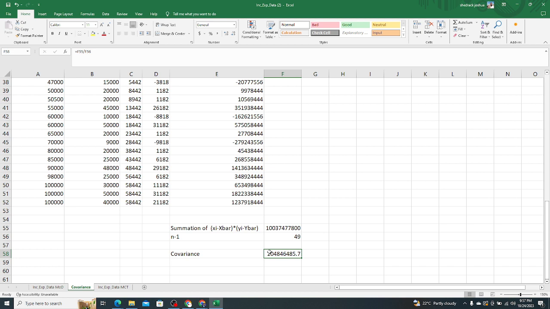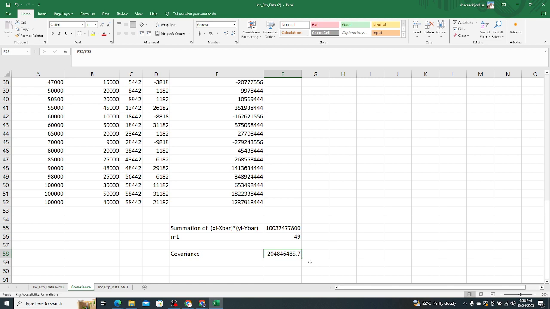Can I try? Yes, you can try. For covariance, it mainly measures the directional relationship between the two variables. When the direction is negative, we say it's an inverse relationship. But when it's positive, it becomes a direct, same direction.